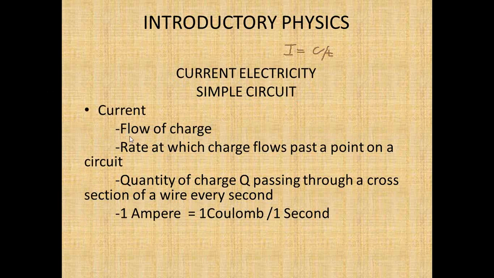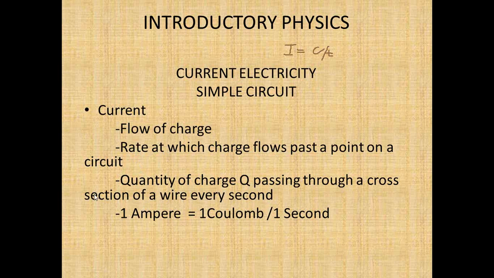So current is just a flow of charge. The proper definition for current is the rate at which charge flows past a point on a circuit. Okay? That is the quantity of charge Q passing through a cross section of a wire every second. So it is the quantity of charge that passes a point every second.